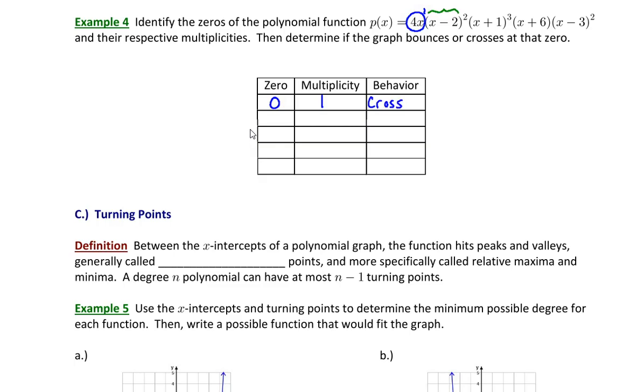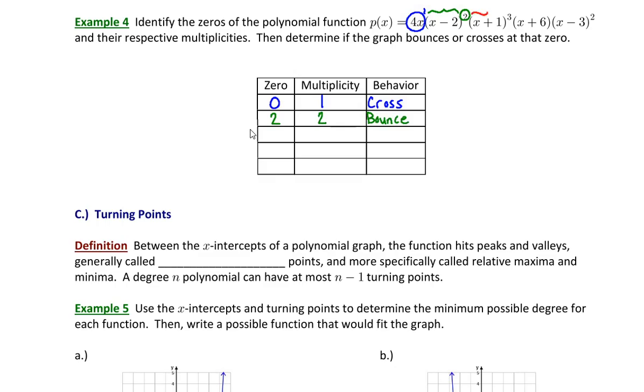If we set that equal to 0 and solve for x, we would get x equals 2. The exponent on that factor is 2, so we say the 0, 2 has a multiplicity of 2. That's an even number, so we can anticipate the graph is going to bounce on the x-axis at x equals 2. So it's going to touch and turn or be tangent at x equals 2.